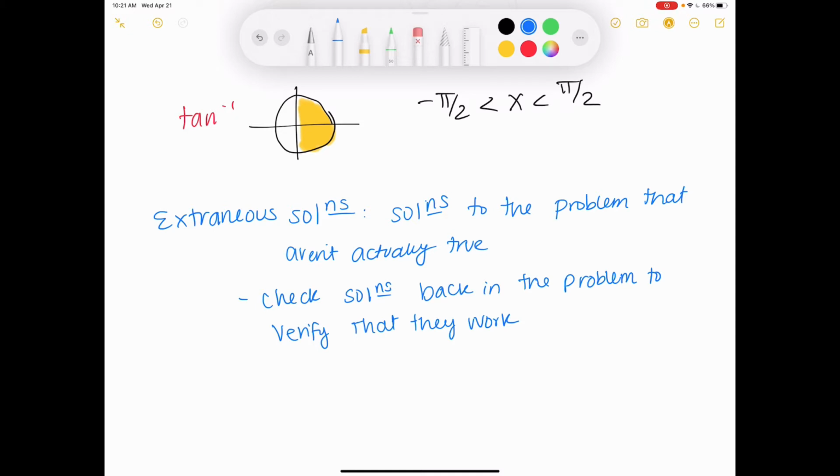Did we get extraneous solutions or something else? Yes, with inequalities. I think it was inequalities. Yeah, something like that.